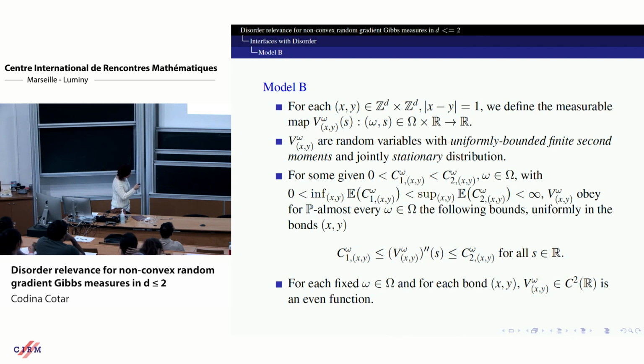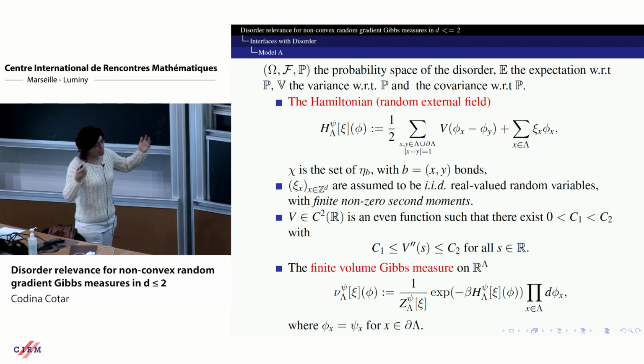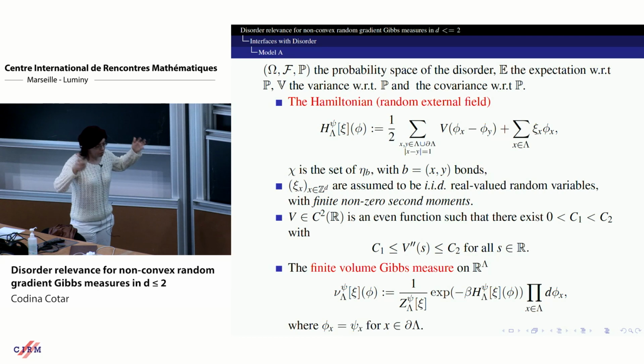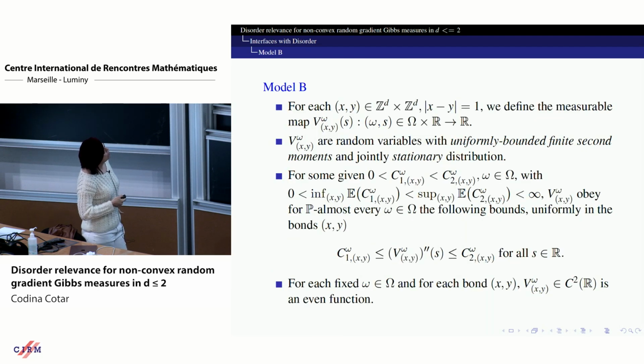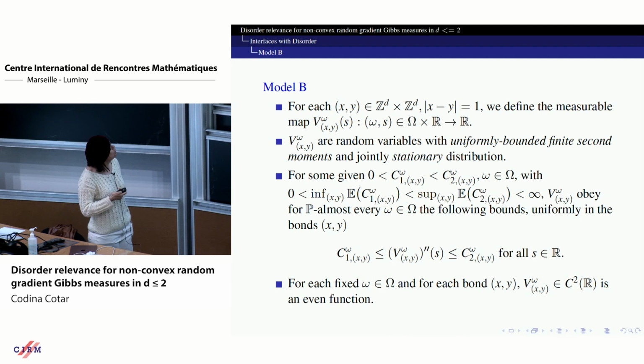The second model: I'm going to just make V random. It's no longer just some fixed function; it's going to have the disorder encoded on it for each bond that we have in the system. And I'm still in the uniformly strictly convex case.